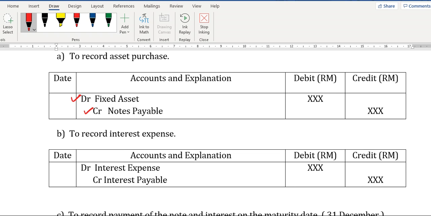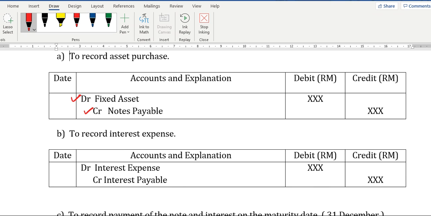But you must remember, every year there's an interest expense that we need to pay, or we need to declare. We are going to make the payments for the interest expense once we reach the maturity date. So for the time being, before we reach the maturity date, we need to declare the interest expense every year once the accounting period is closing.